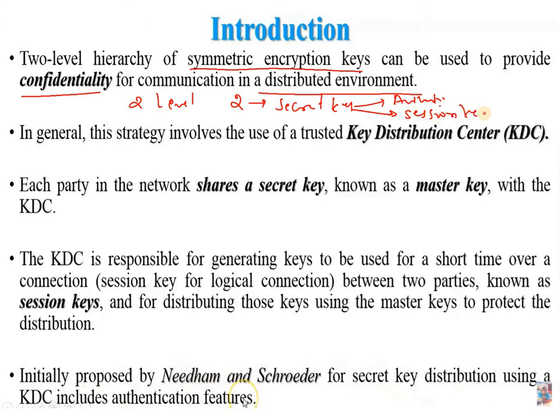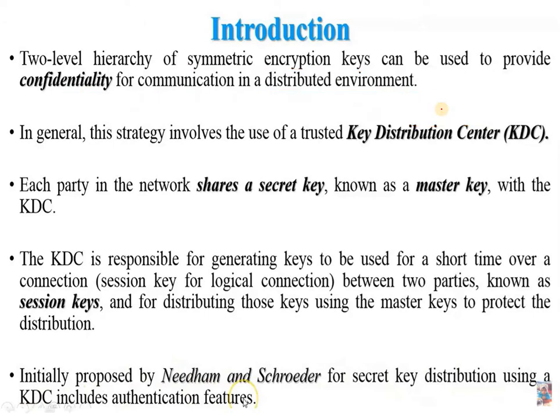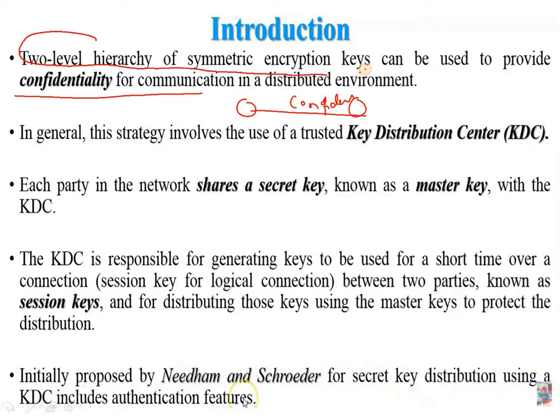By using these two, we will achieve confidentiality for the communication. The information exchange between the sender and receiver should be confidential. To achieve this confidentiality, we have to provide a two-level hierarchy of symmetric encryption keys.